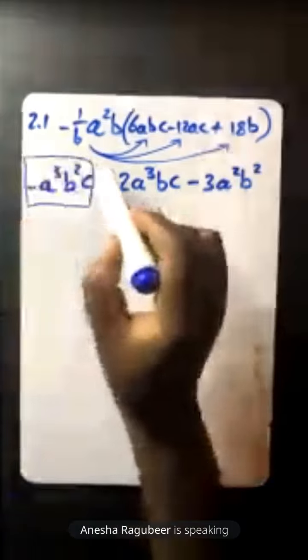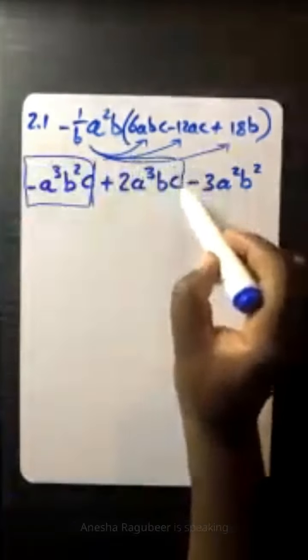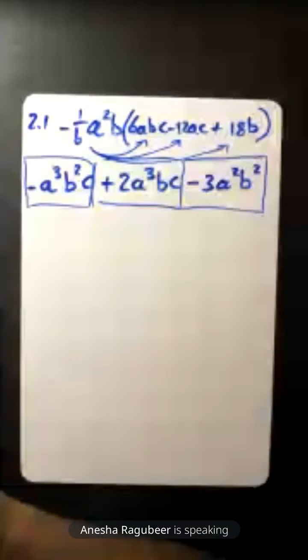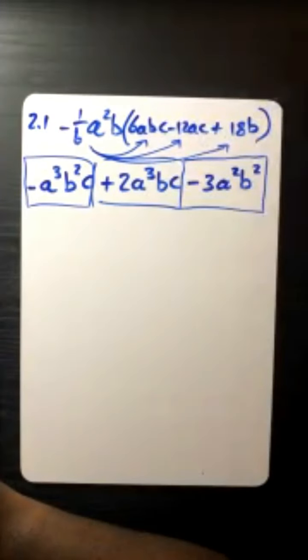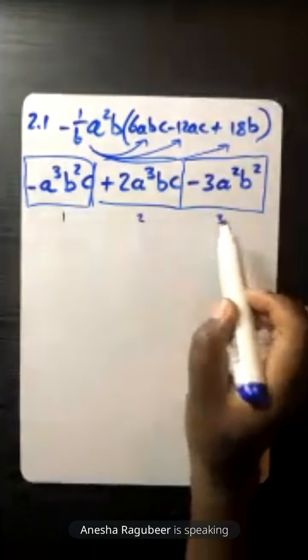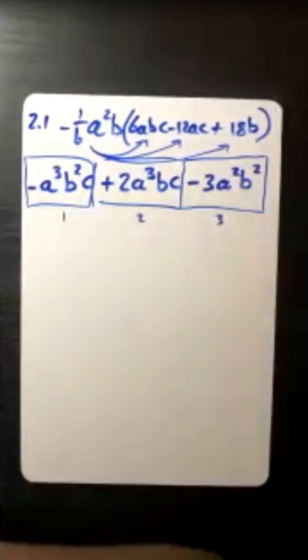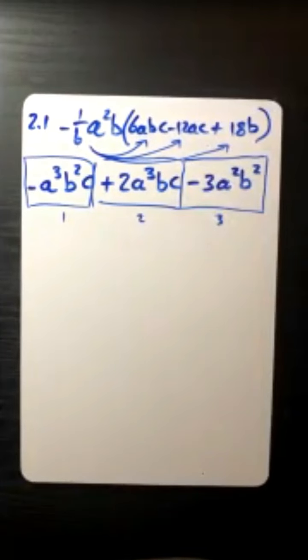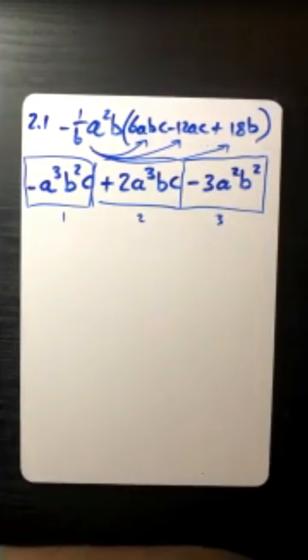So this is a term, this is a term, and this is a term. Do you see any like terms? Yes, sir. What are those like terms? Let me say this is 1, this is 2, this is 3, so that you are able to tell me which ones are the like terms. Block 1, it will be a to the power of 3, and in block 2, a to the power of 3.